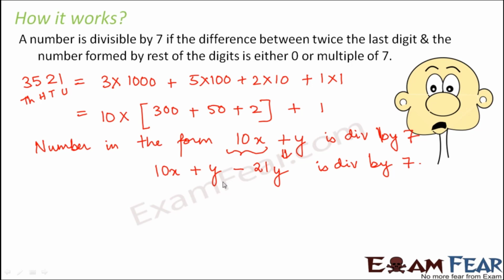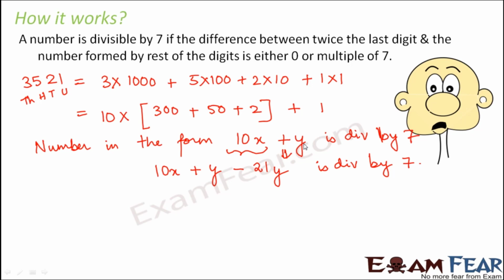So students, please understand this, that when I am writing in this way, I am only writing it as a trick so that I can arrive at a conclusion to prove why we are doing this twice the last digit and then finding out the difference. So why are we doing that? To arrive at that point, I am just assuming that this number, which is in the form of 10x plus y, is divisible by 7.